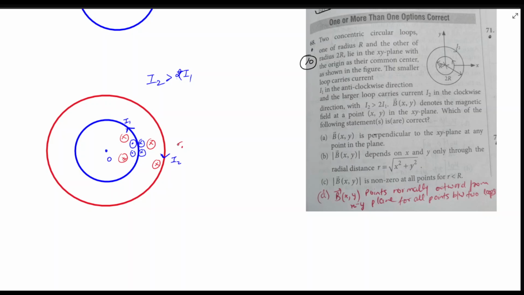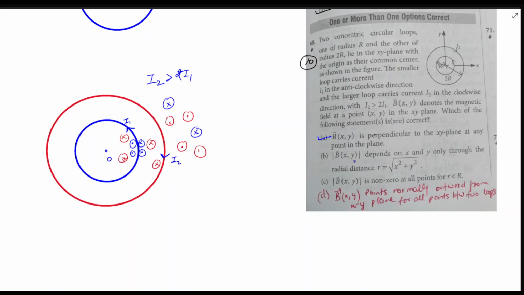And here it will be in this direction, right? And due to I1, magnetic field will also be in this direction, but it will be very small. So from this, we can see at every point, magnetic field is always perpendicular. So A option is correct, right?